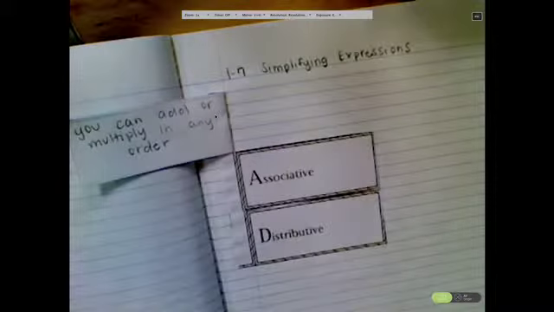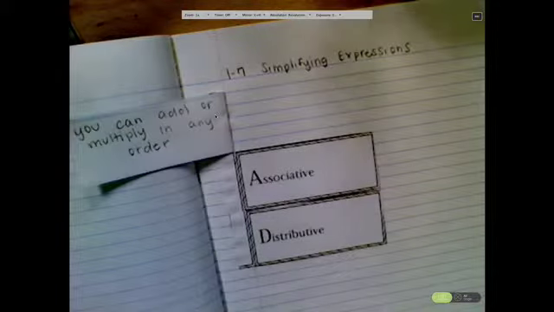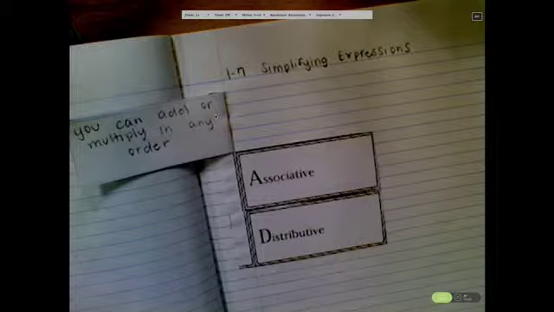The commutative property says that you can move around the numbers. You can move around the numbers in your addition or multiplication problem, and it will not affect the answer that you get.